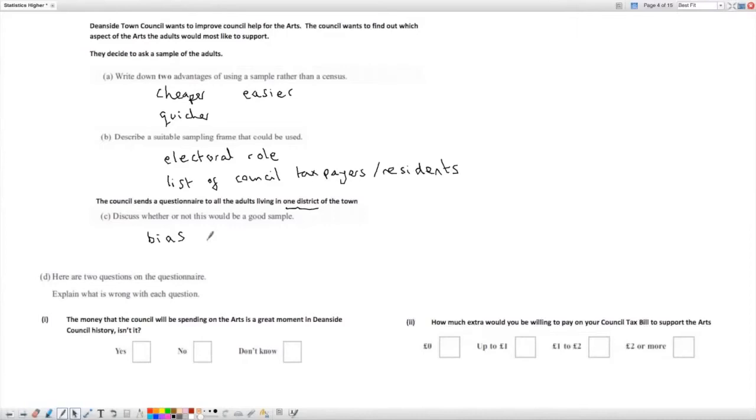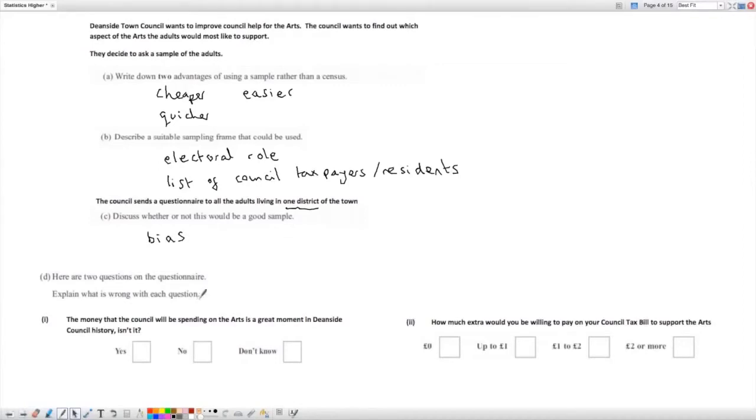We're then given 2 questions on the questionnaire, and it's asked to explain what is wrong with each question. Let's take a look at the first one. The money that council will be spending on the arts is a great moment in Deanside Council history, isn't it? So the problem with this question is that it's a leading question.